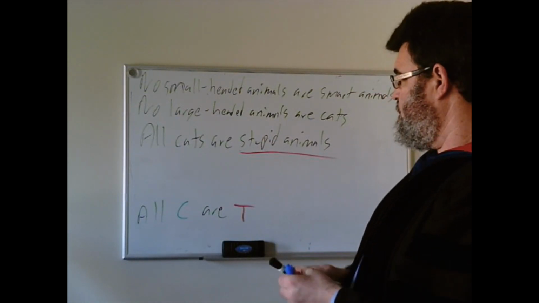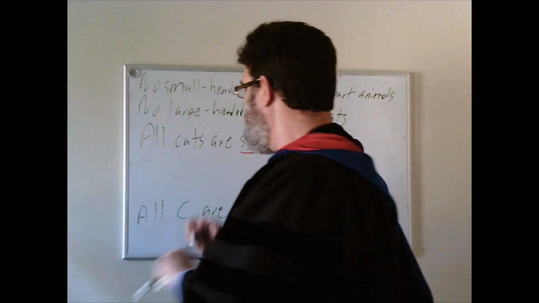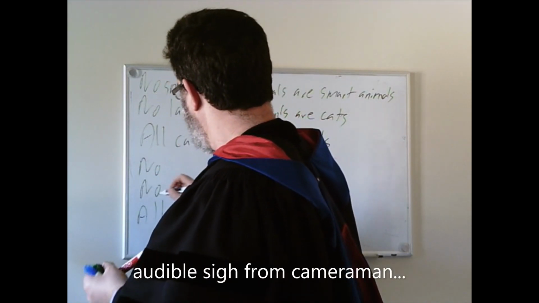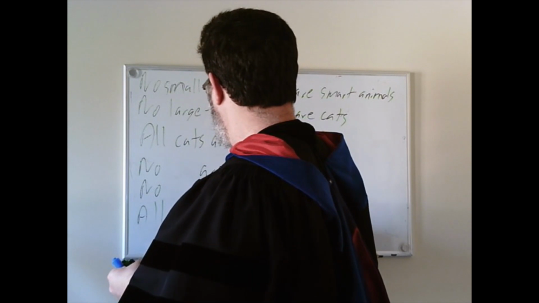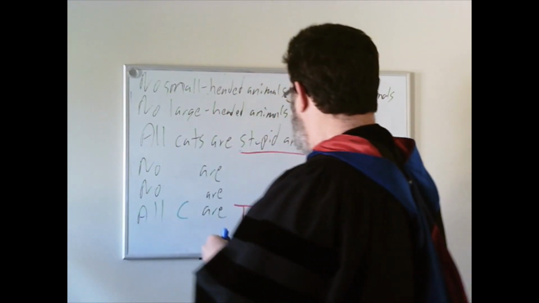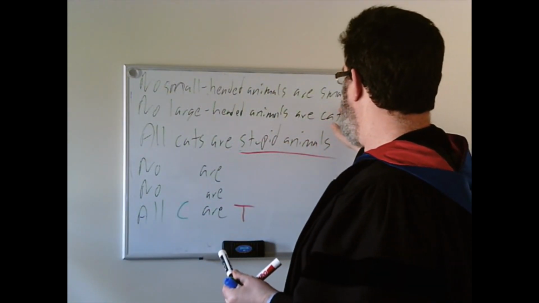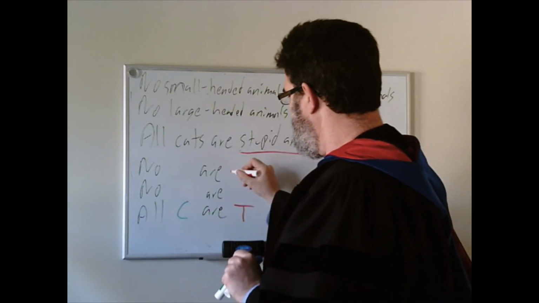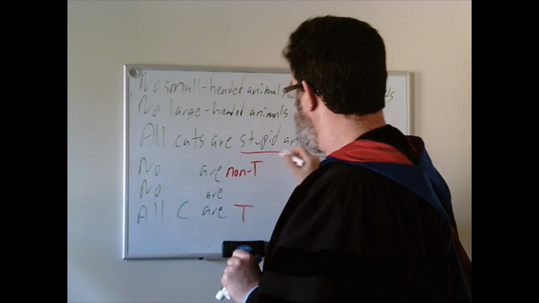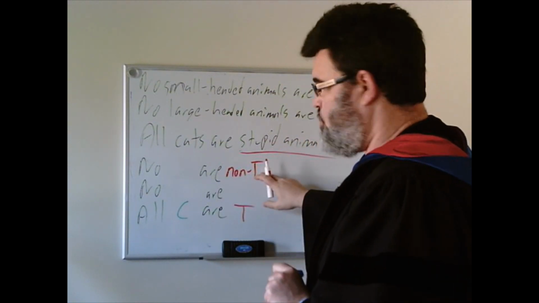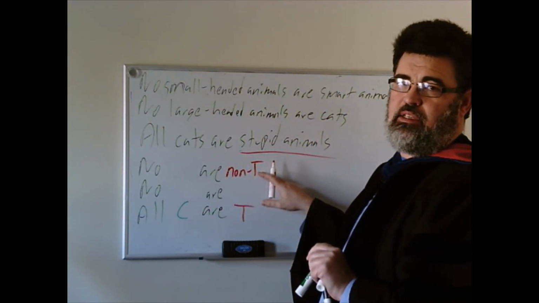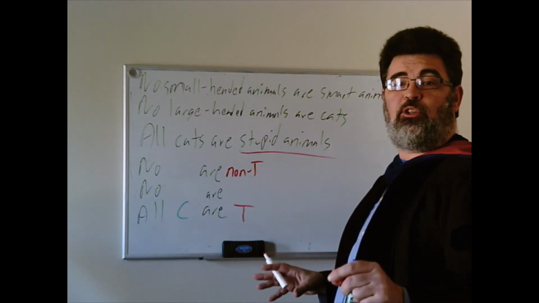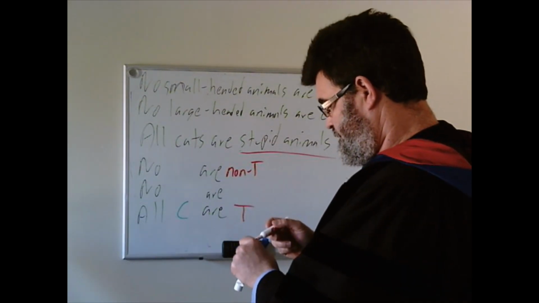So now I have to fill in where my complements are going to be. Stupid animal and smart animal are opposites of each other, so I'm going to put my first complement there. I like to put complements in the premises instead of the conclusion, because I don't like to have to change things in the conclusion if I don't have to.